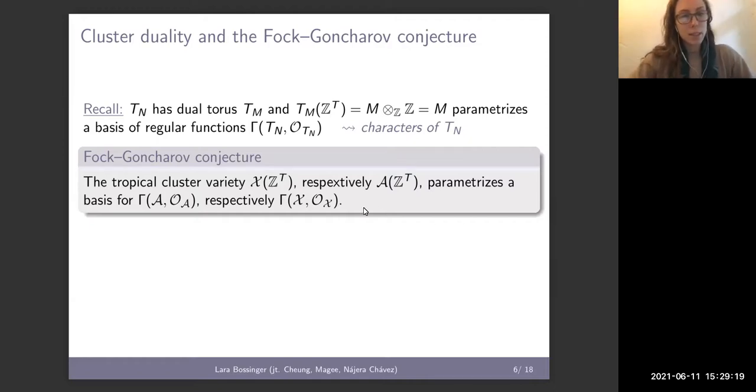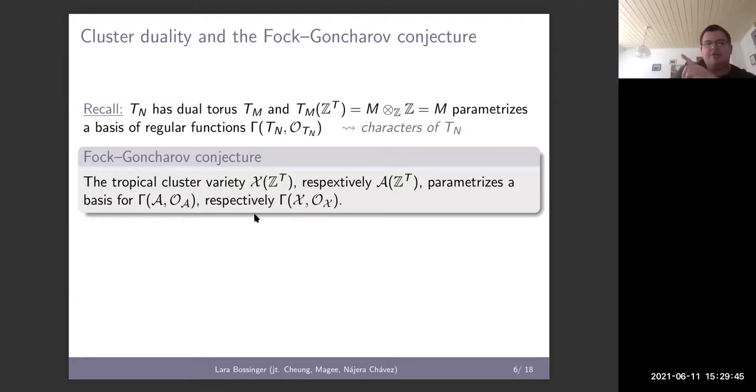The tropical cluster variety, the tropicalization of X, or respectively the tropicalization of A, was conjectured to parameterize a basis for the regular functions on the dual cluster variety. So the integer tropical points in the X variety are expected to parameterize a basis for the regular functions on the A variety and vice versa.